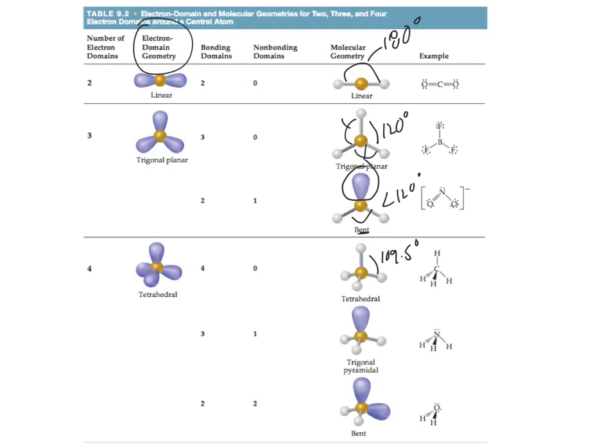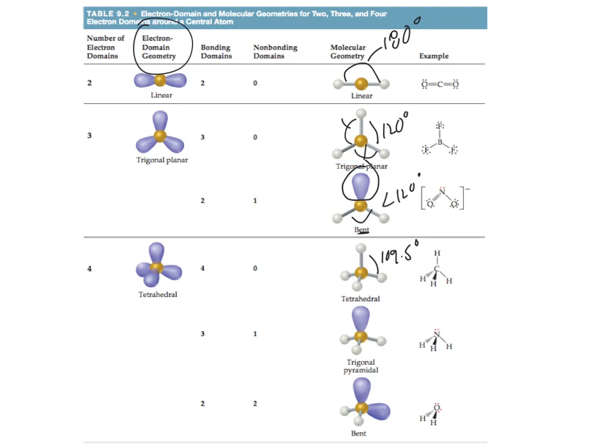So in this case, instead of a tetrahedral shape, we have trigonal pyramidal. We still have this kind of toadstool shape that we saw with the tetrahedral. You can see it here on the trigonal pyramidal molecule. But instead of having another bonding set here, we have a lone pair.